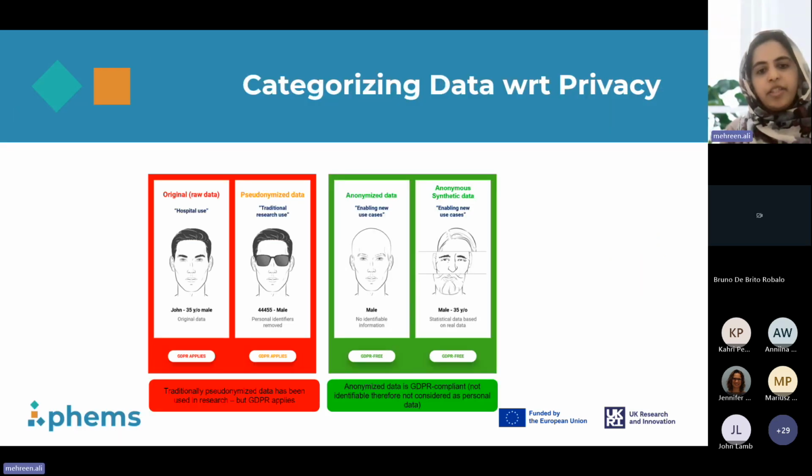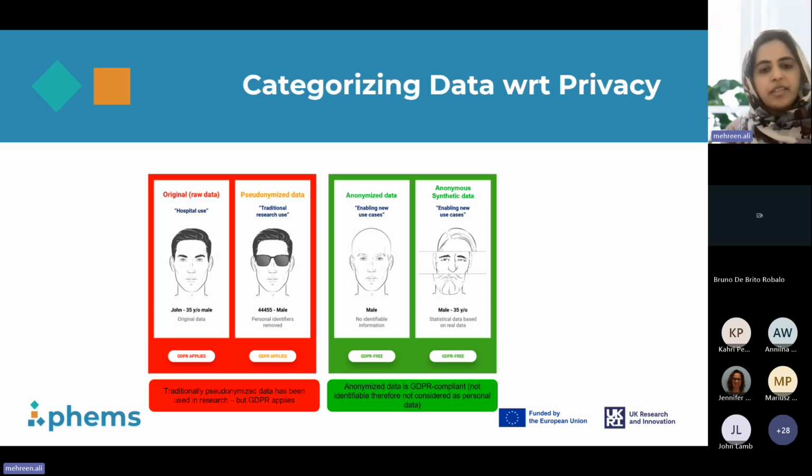This is a very famous image that we often use to explain the data privacy categories. So traditional pseudonymized data remains subject to GDPR regulations. If you look at the first cell, the red one on the left side, it's the original data. This is the raw data. That's how we receive data from the clinics.